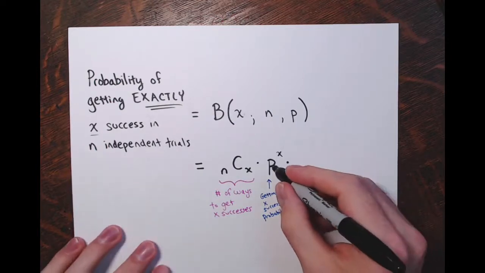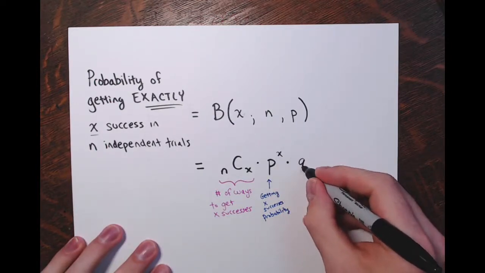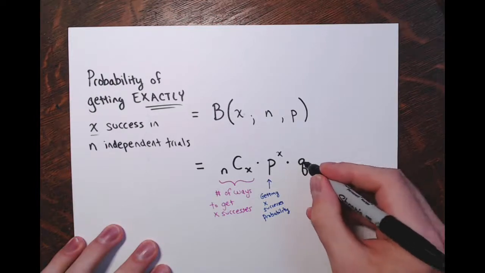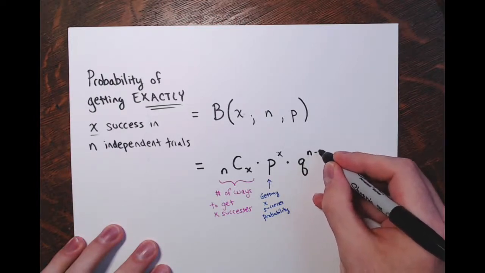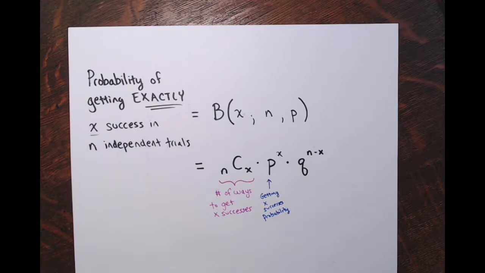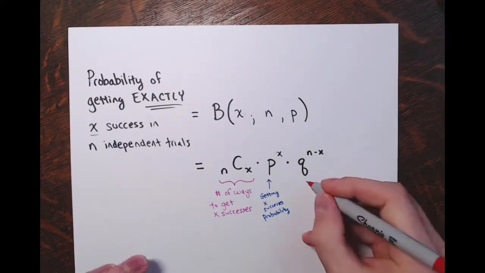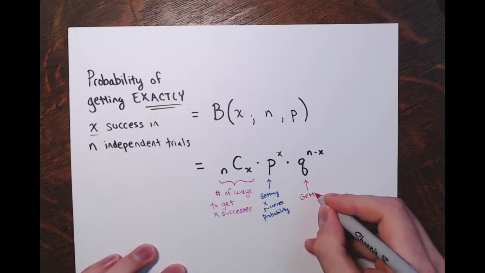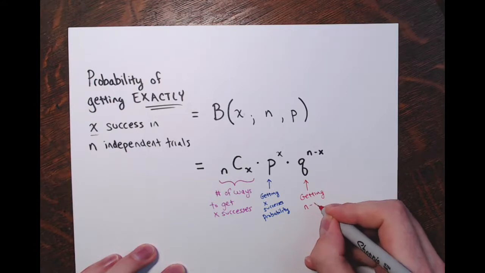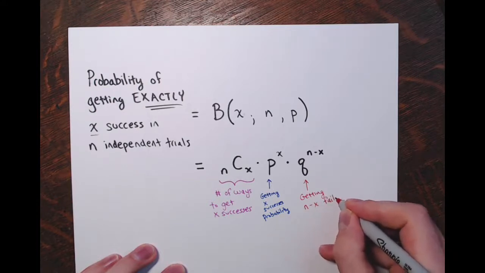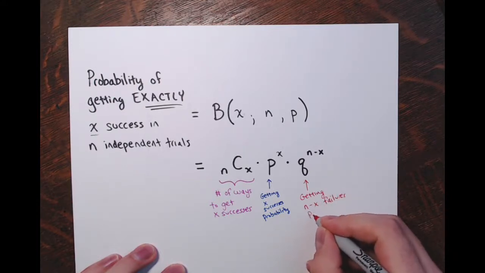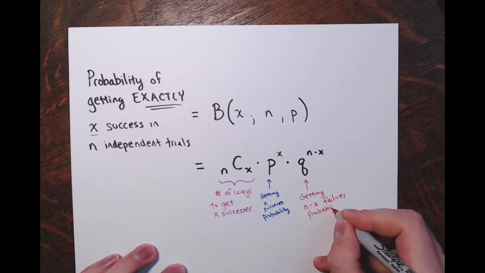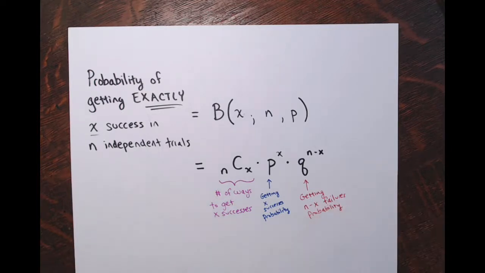So not only do I have P to the X, then I have Q to the N minus X. This is representing the N minus X failures and the probability of getting that many failures in these independent trials.